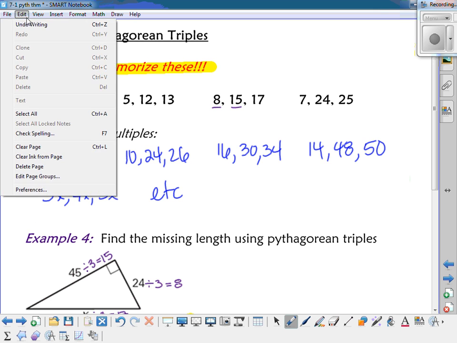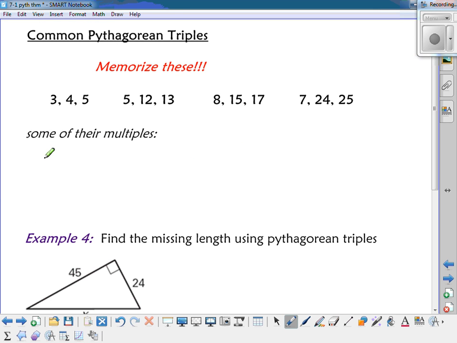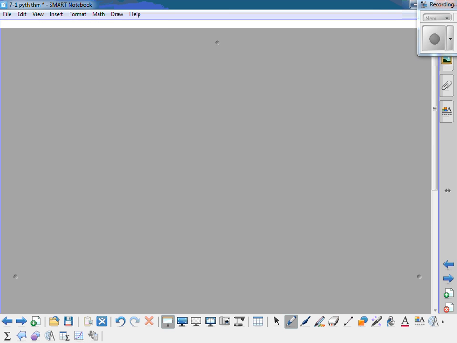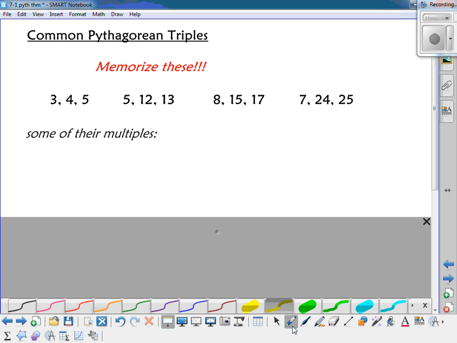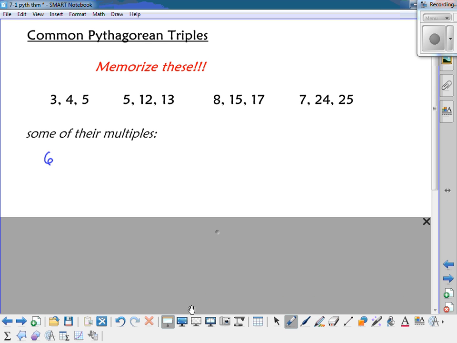Okay. All right. So, yes, Pythagorean triples. Some really common ones are 3, 4, 5; 5, 12, 13; 8, 15, 17; and 7, 24, 25. And what you'll sometimes see is that it'll actually be multiples of them. So another 3, 4, 5 triangle, if I multiply them all by 2, it would just be 6, 8, 10. So you'll see that one show up a lot.